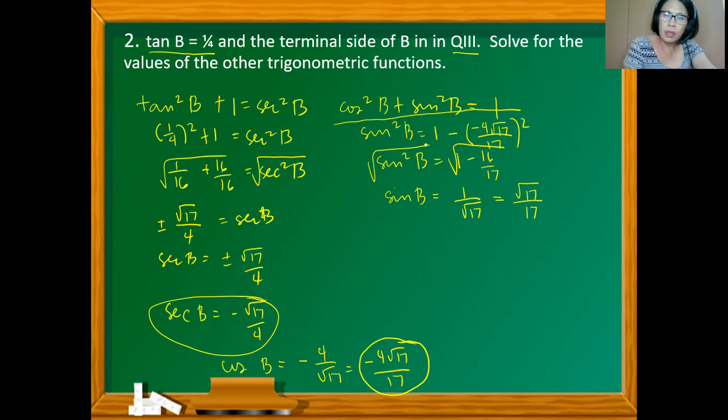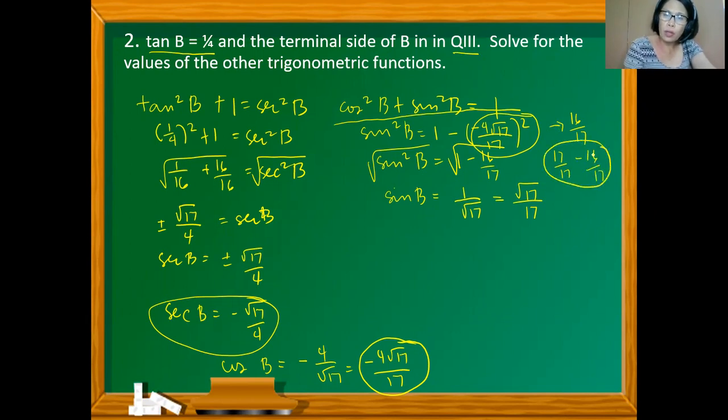And extracting the square root of both sides, we come up with sine B equals 1 all over square root of 17, because this one is equal to 16 over 17. So when you subtract 16 over 17 from 1, you'll have 17 over 17 minus 16 over 17.